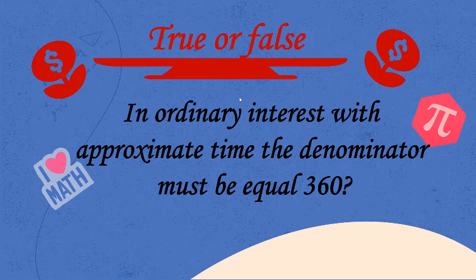True or false. In ordinary interest with approximate time, the denominator must equal 360. It's true. In approximate time, the denominator equals 360.